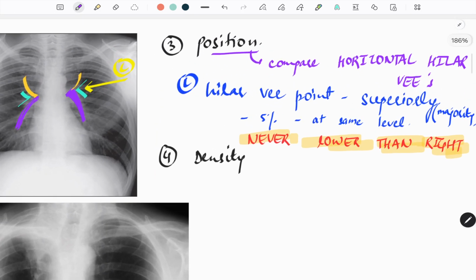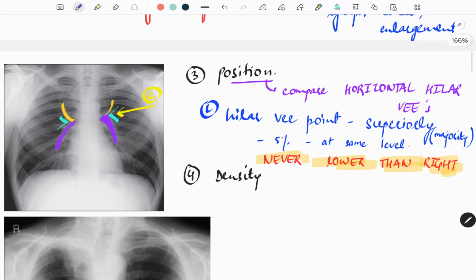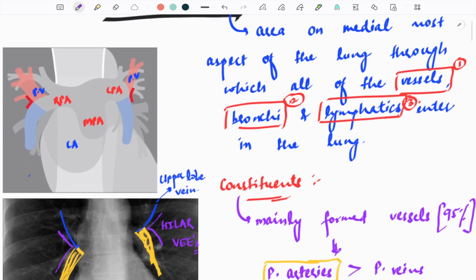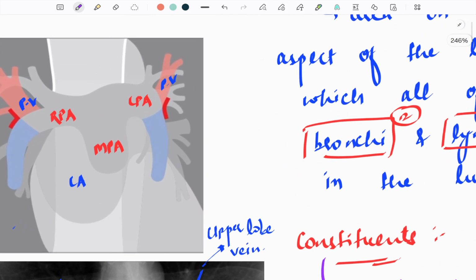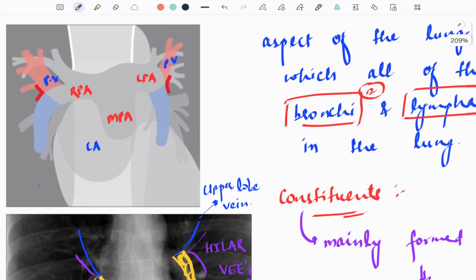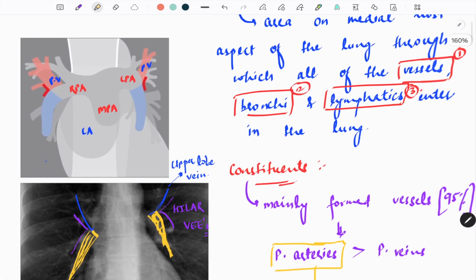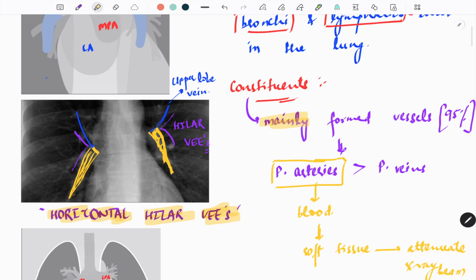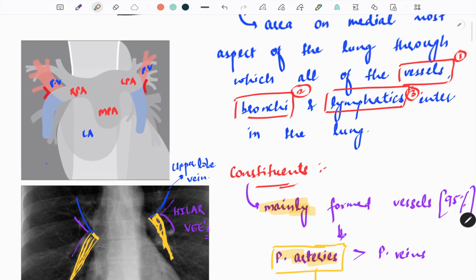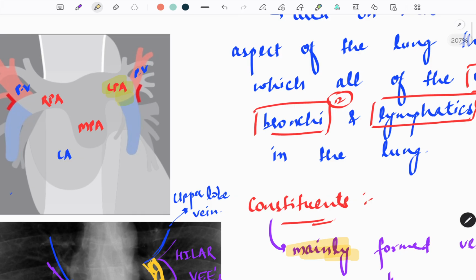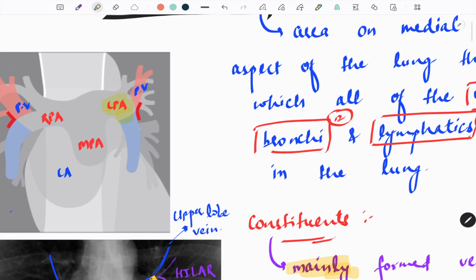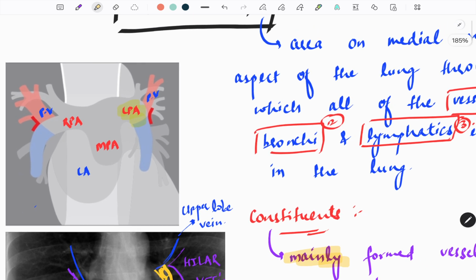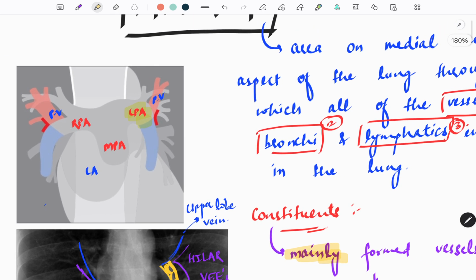First of all, we'll talk about the reason why this left hilum is superior. Because, as we have understood, the hilum is constituted mainly by the pulmonary artery. We'll see the left pulmonary artery here. The left pulmonary artery is coursing above the left bronchus, whereas the right pulmonary artery is coursing in front of the right bronchus.